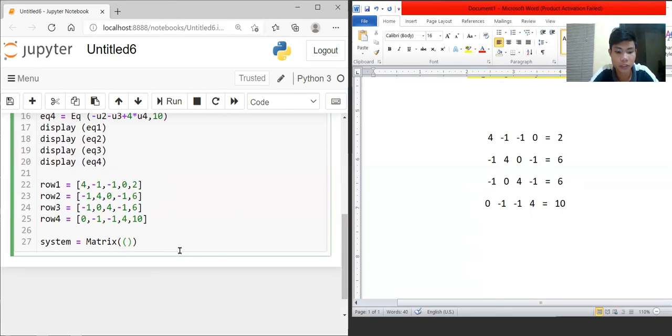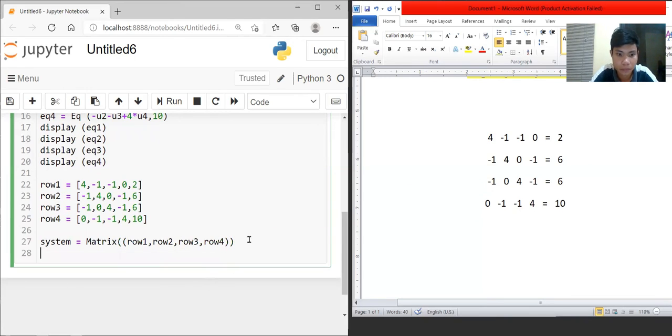Sa loob ng matrix natin, yung ating bawat row: row 1, row 2, row 3, row 4, is comma. Matrix, row 1, row 2, row 3, row 4.